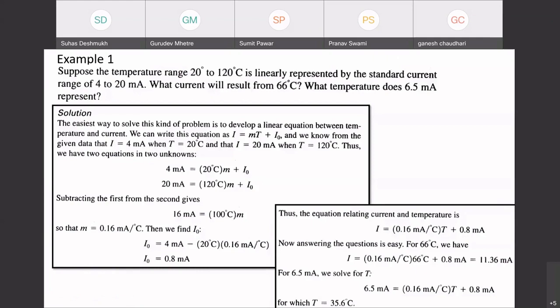Suppose on a temperature sensor, that is the x-axis, my minimum temperature is 20 degrees and maximum temperature is 120 degrees Celsius.